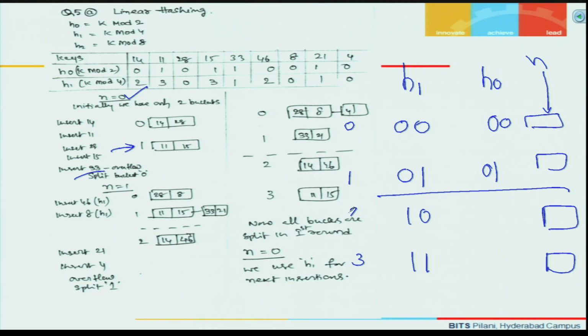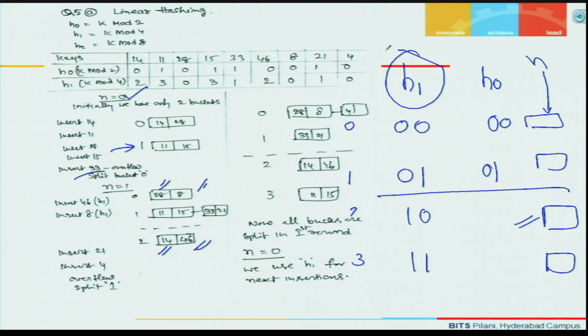Now once the 0th bucket has a split image, I need to distribute the records available in the 0th bucket between this split bucket and this bucket. When I do that, 14 will get into this one, 28 will remain here. That means when deciding which bucket to use for the split image, I must use h1.